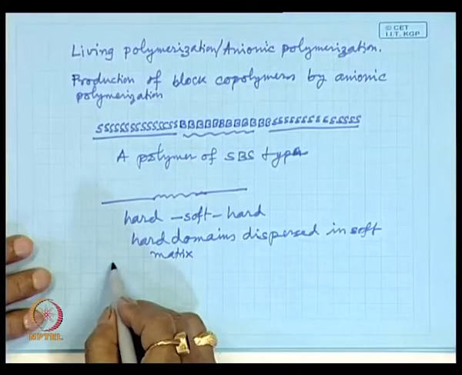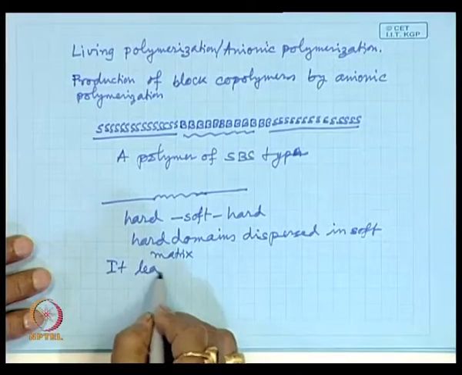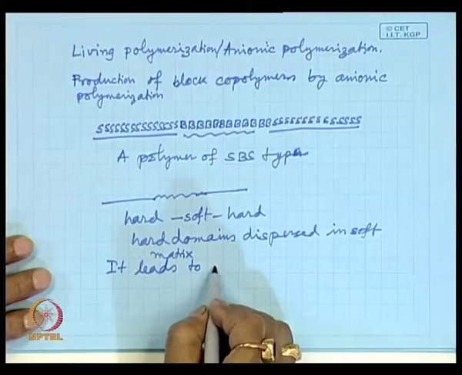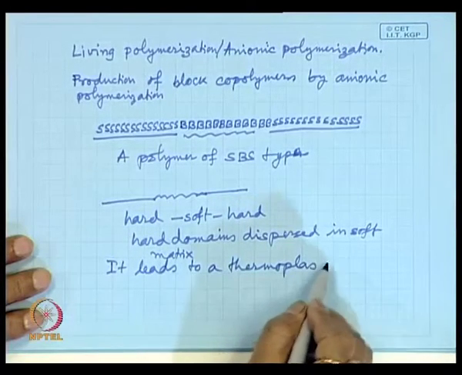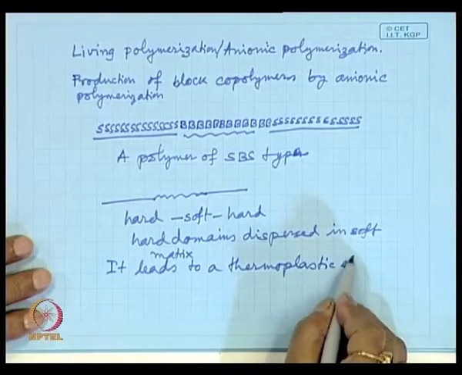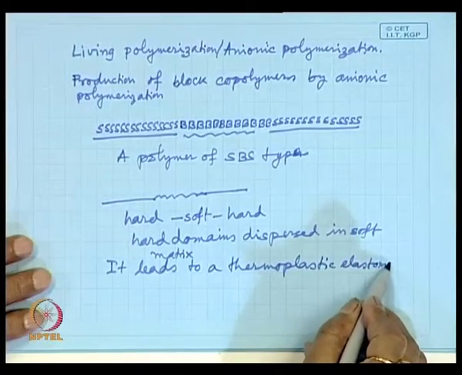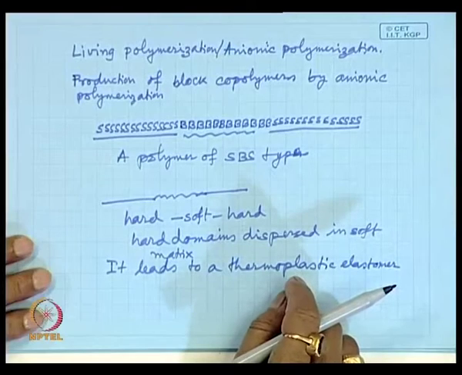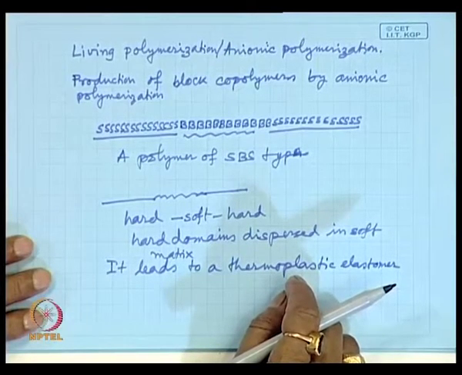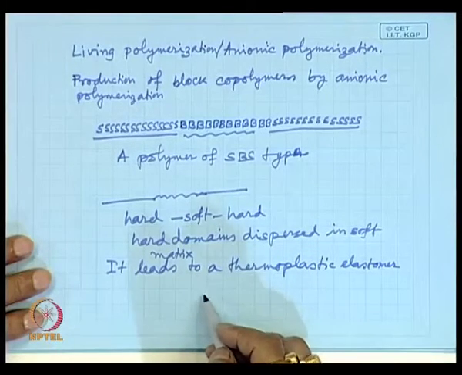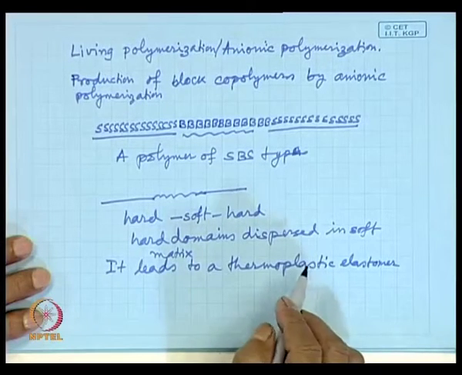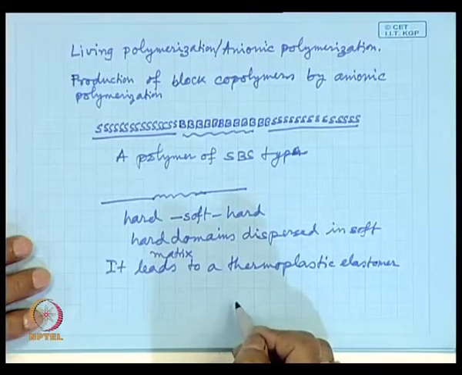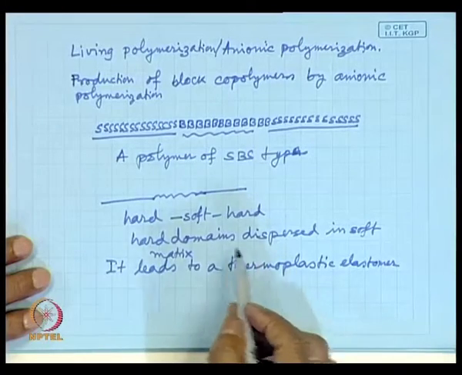So, it leads to a thermoplastic elastomer. Please remind me later, when I cover elastomers, to explain thermoplastic elastomers elaborately. Here our scope is limited, but I have told you the concept.